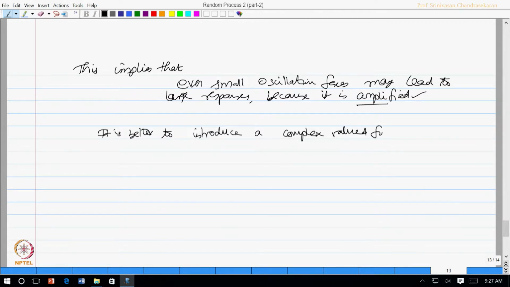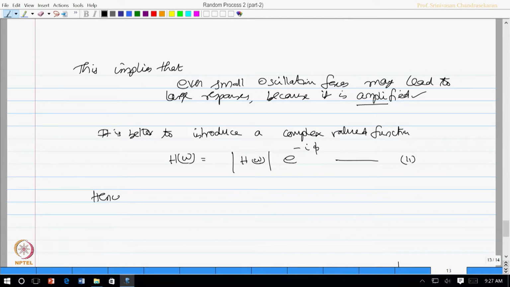which can account for the phase lag. That function typically looks like H omega is the mod value of H omega times e to the power of minus i phi. I call this equation 11.